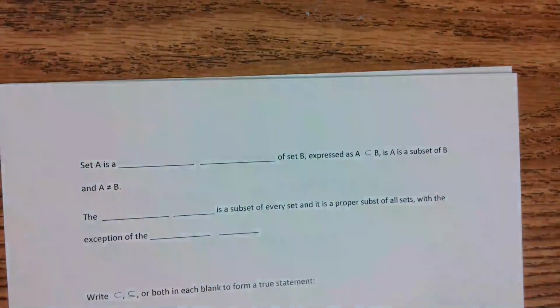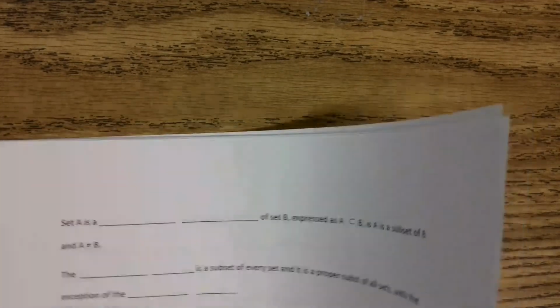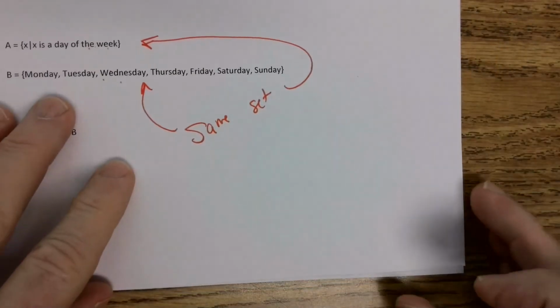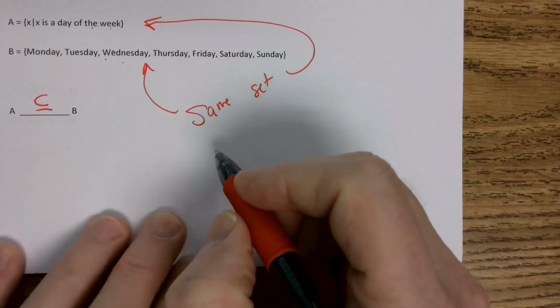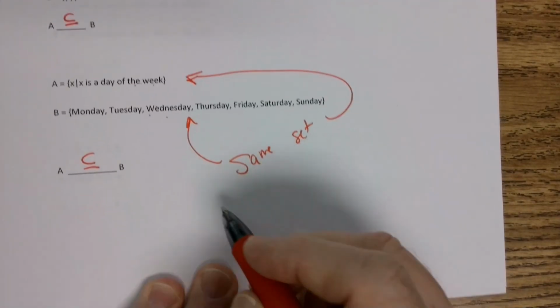Now, just to confuse you, because other people didn't like the idea that a subset could be the actual set itself. Okay? Oh wait. I need to throw another one on this one. Sorry. All right. Let's use this notation right here. Okay.